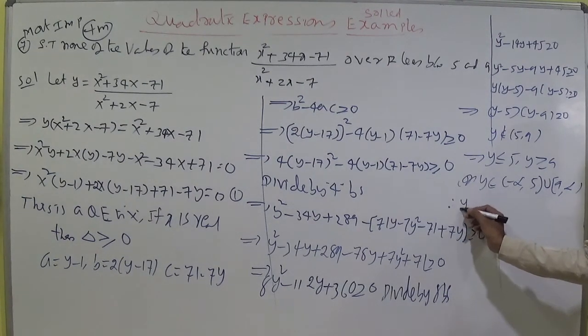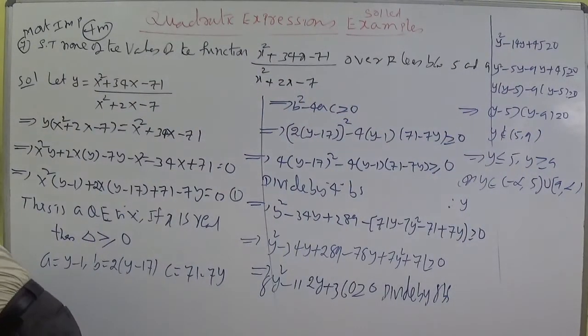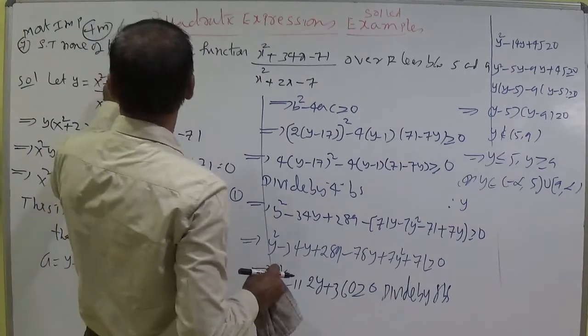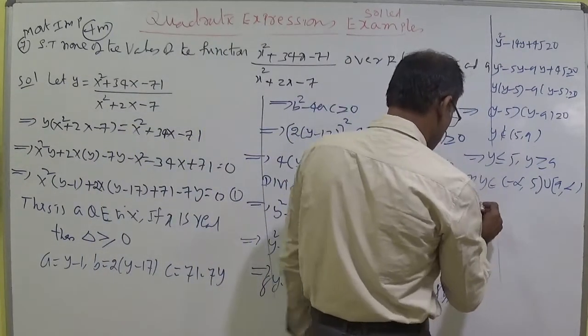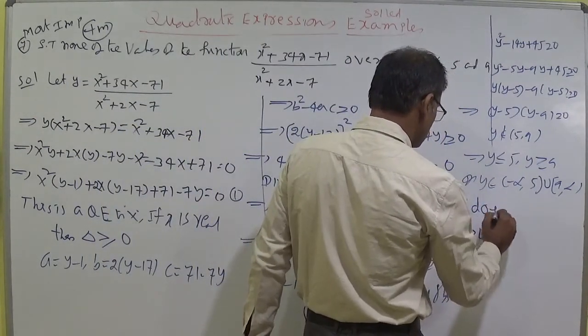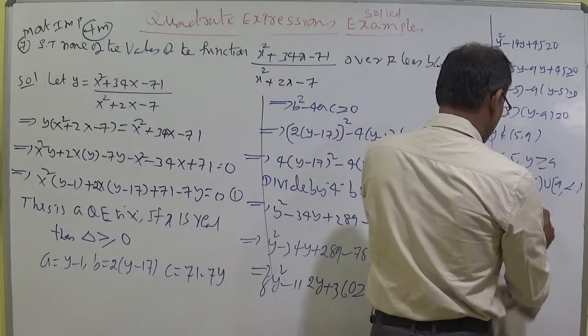Therefore, now you can write that none of the values lie between 5 and 9, other than 5 and 9 themselves. None of the values of y over r lie between 5 and 9. I am writing here, y does not lie between 5 and 9.